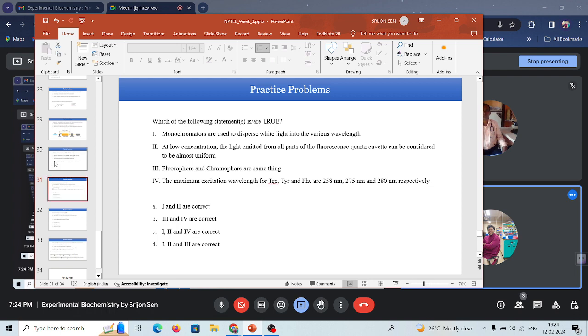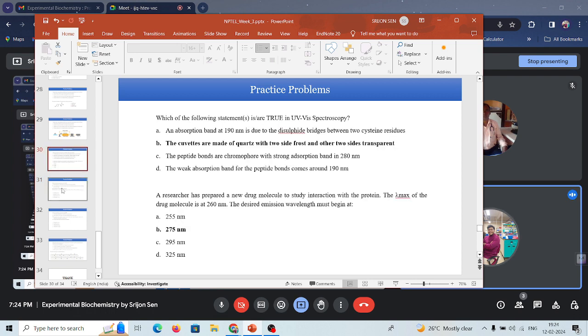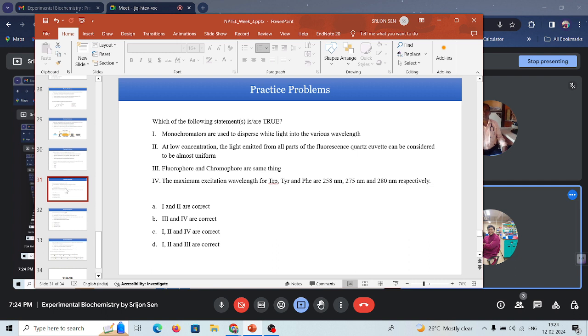Okay. The next one. Which of the following statements is or are true? Monochromators are used to disperse white light into the various wavelengths. At low concentration, light emitted from all parts of the fluorescence quartz cuvette can be considered to be almost uniform.